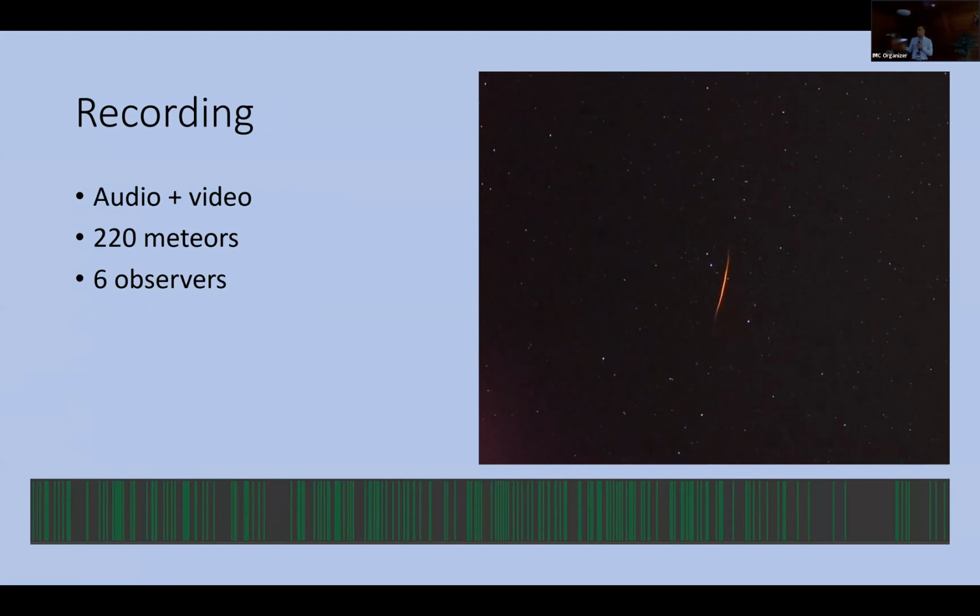The audio helped us to count how many of the visible meteors were actually observed by our team. There were 6 observers, and counting the bars when they counted, we estimate that they saw around 220 meteors by the naked eye.